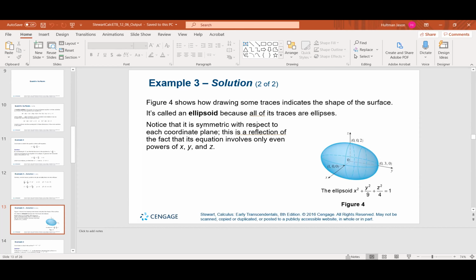And you notice that it's symmetric with respect to each coordinate plane. This is a reflection of the fact that the equation involves only even powers of x, y, and z. You get mirror images here. So we're gonna graph this bad boy and see what happens.